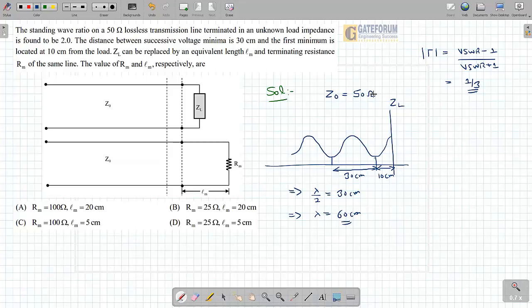I can write, for minima, the equation is L min equal to (2n plus 1) pi plus theta of the reflection coefficient, divided by 4 pi over lambda.